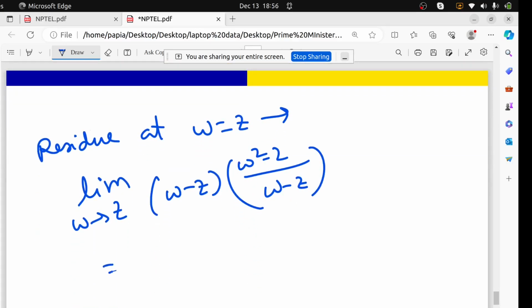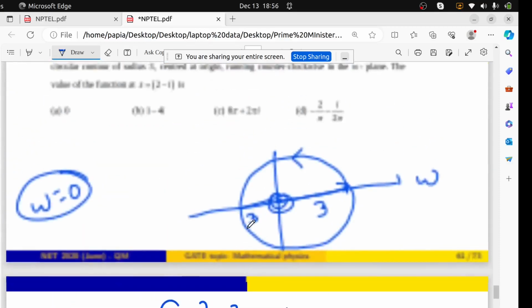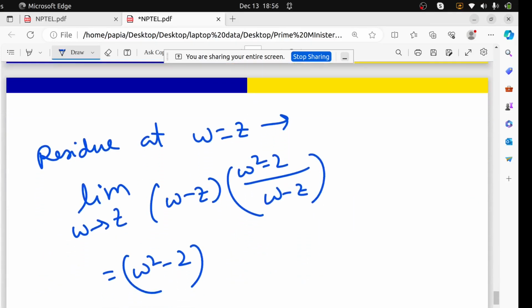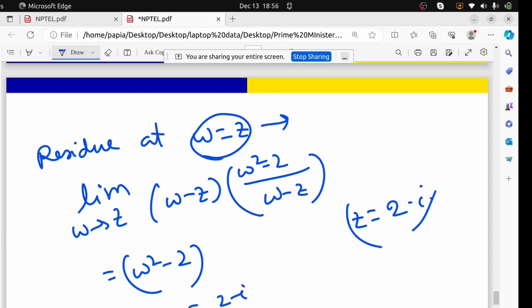Then the answer will be w square minus 2. Now here they were asking that z will be 2 minus i, and at this point w and z are same, so at that point (2 minus i) whole square minus 2.